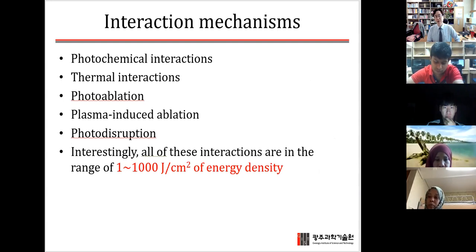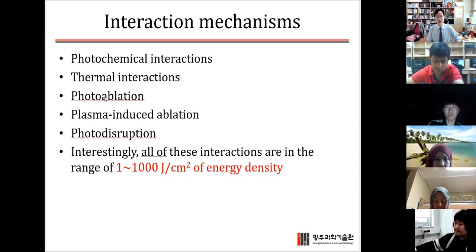So for the interaction mechanisms, there are a few of them. Photochemical interaction is one of them, which we will talk about today. And also thermal interaction, photoablation, plasma-induced ablation, and photodisruption. Those are the major 5 interactions that we can see when you are using the laser for the tissue.